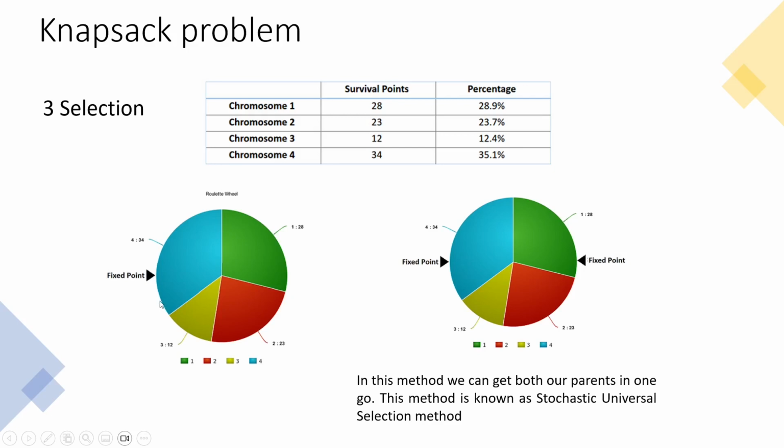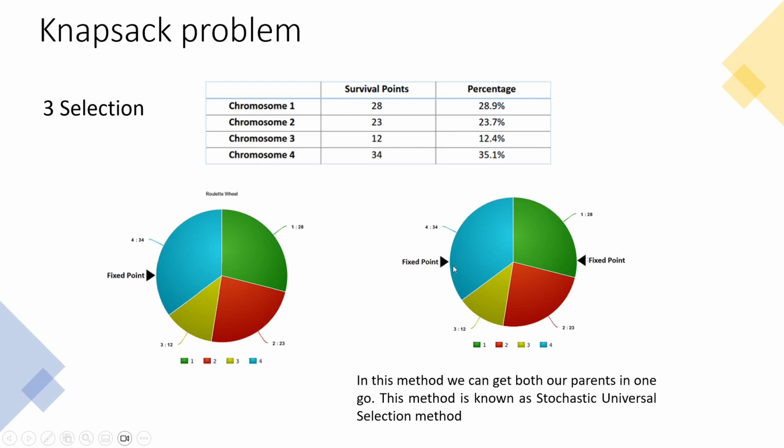Now for the fixed point strategy, that's like a roulette wheel. You basically roll that wheel, and whatever chromosome comes here is going to be selected. If you have a 2 fixed point selection method, in this case you select both parents.